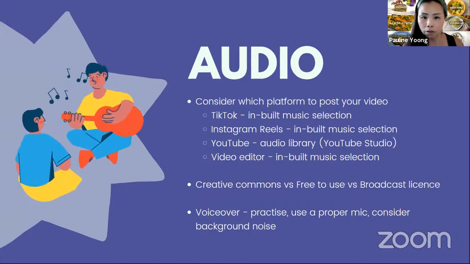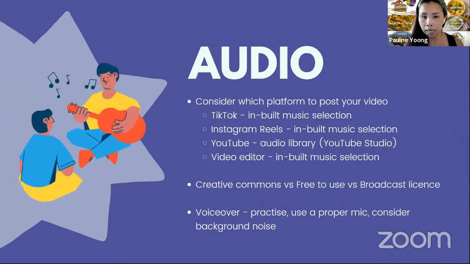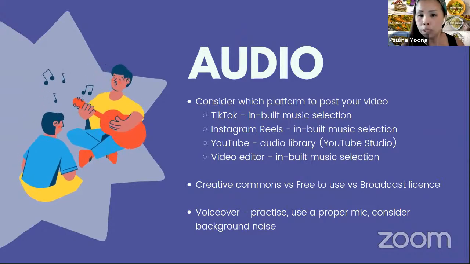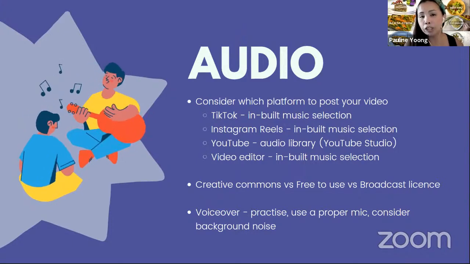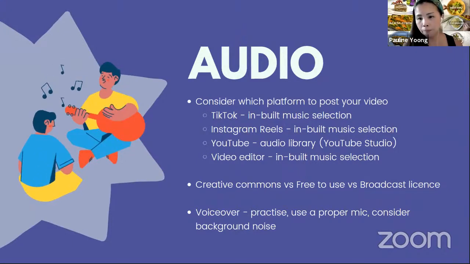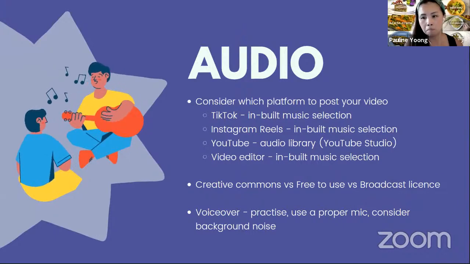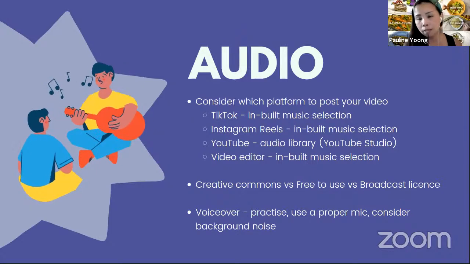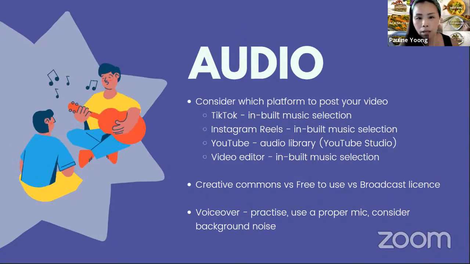Again, depending on your video editor, they might also have an inbuilt music selection. But I've also noticed that some of the inbuilt music selection, when posted on YouTube, YouTube might reject them because in certain markets, maybe the music doesn't have the rights for you to use in certain countries.